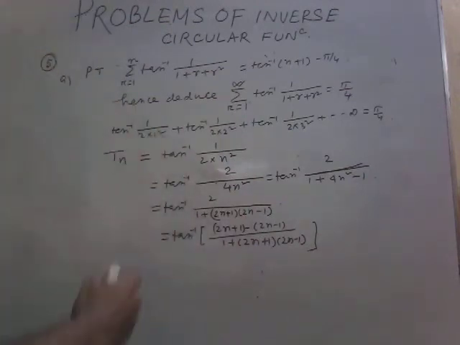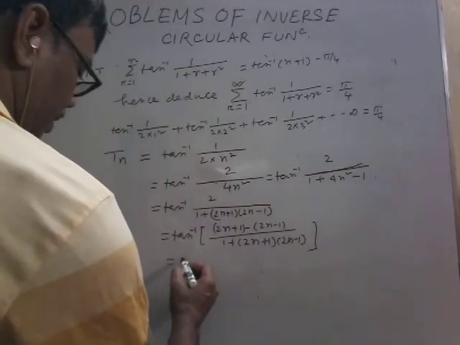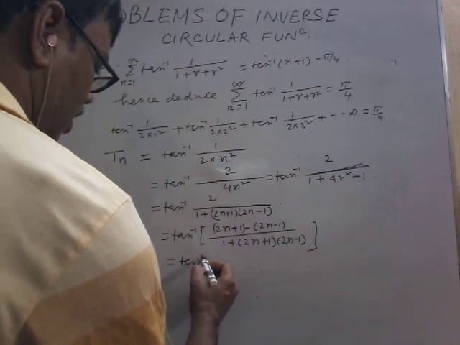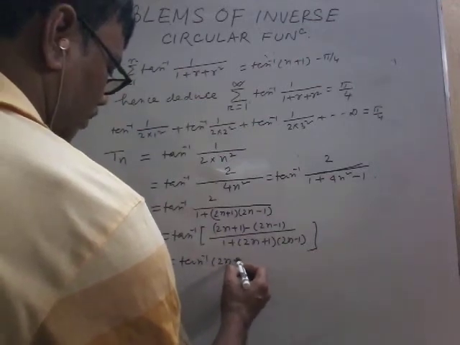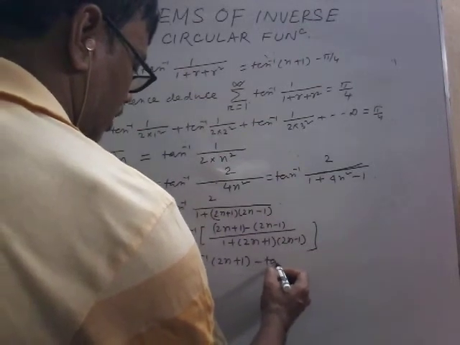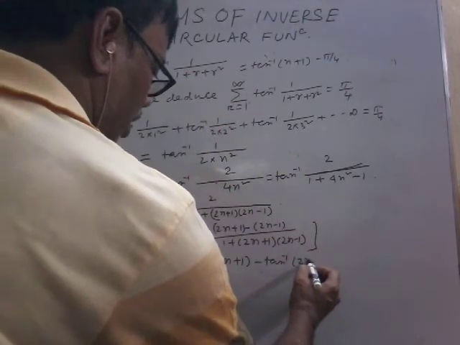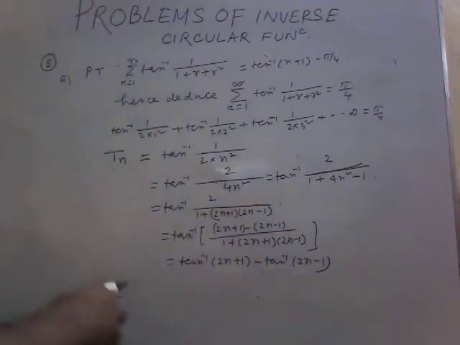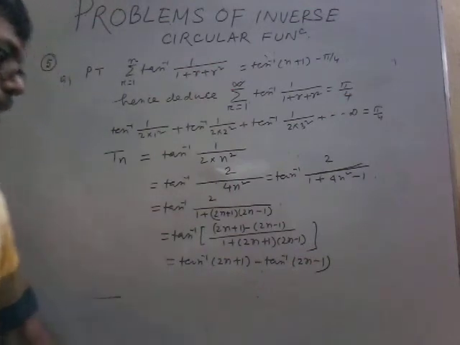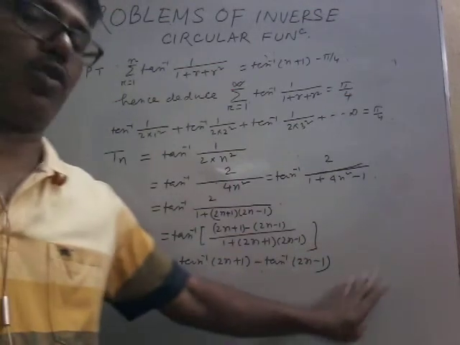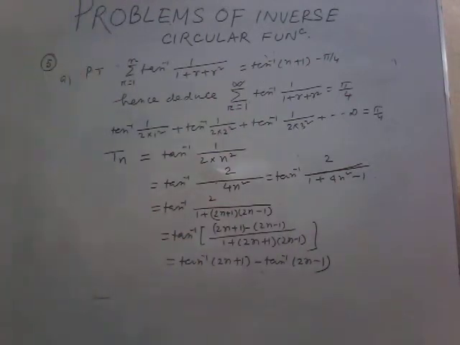So this is our main aim. This is tan inverse 2n plus 1 minus tan inverse 2n minus 1. For each problem this will be our main aim, express it as a difference of two terms.